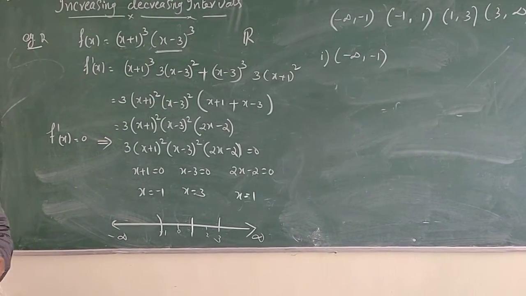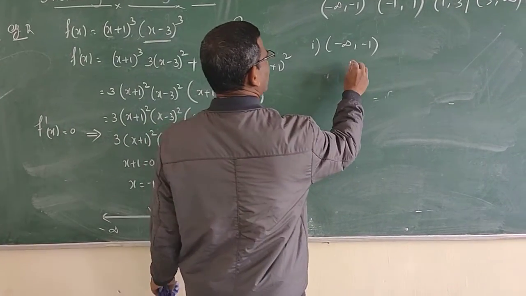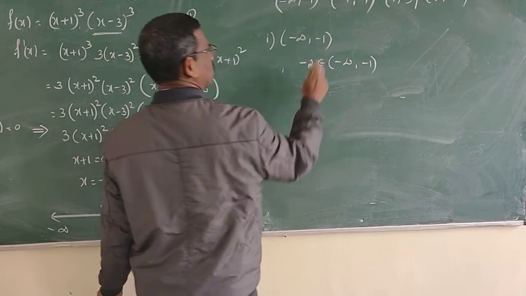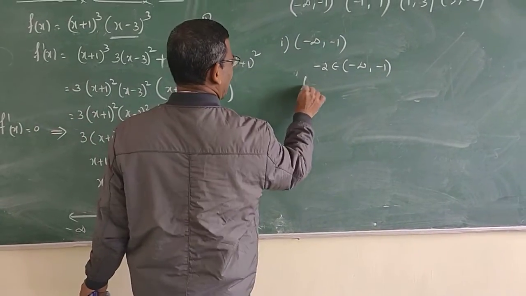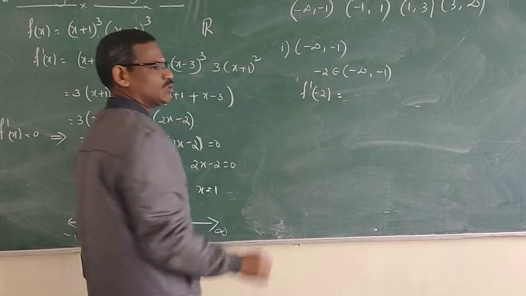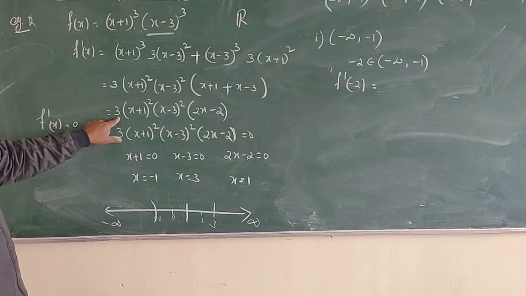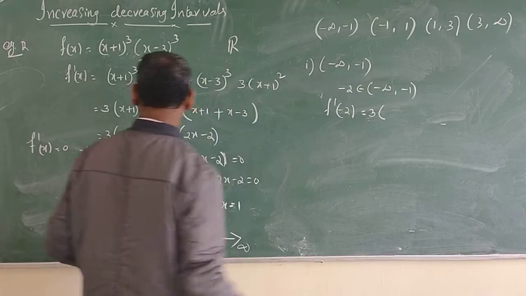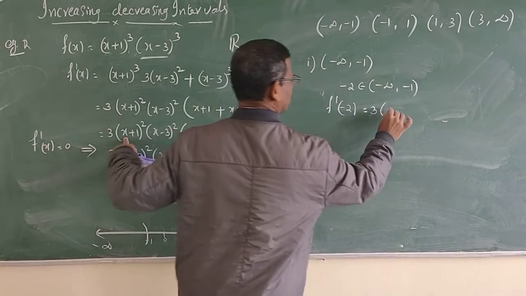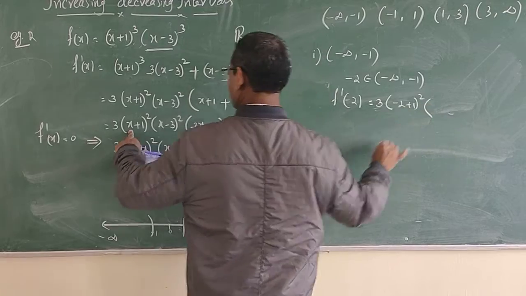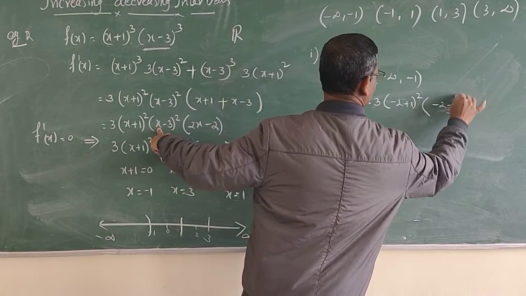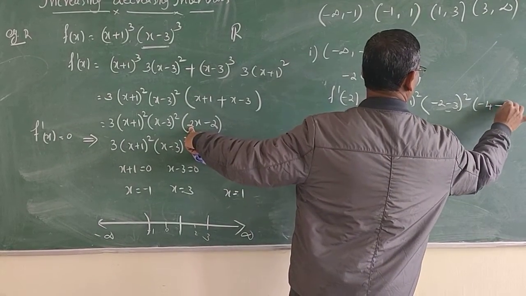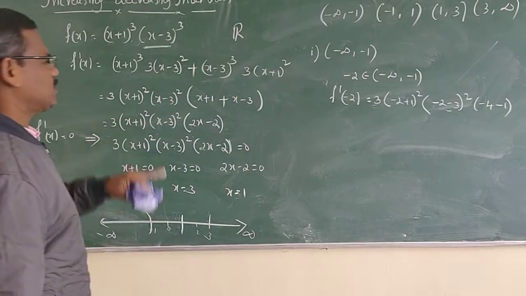Take a point of this interval. -2 belongs to this interval, and we find f'(-2). That is 3(-2 + 1)^2 (-2 - 3)^2 (2 times -2 - 2).